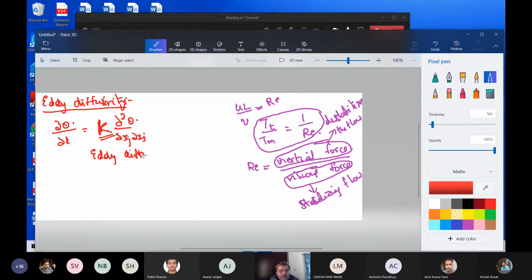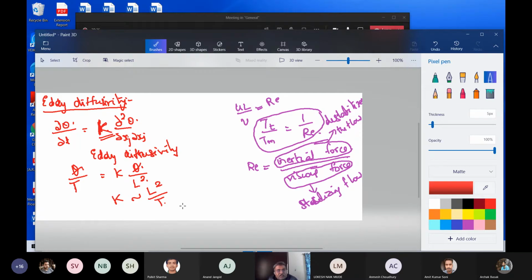Now, how in the world can you get an expression for an eddy diffusivity? So the best thing they thought was to take an order of magnitude. It again becomes theta by T equals K into theta by L squared. So removing the theta, K is of the order of L squared by T. This is turbulent motion.